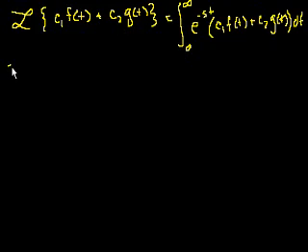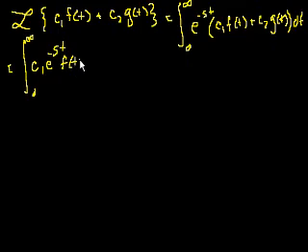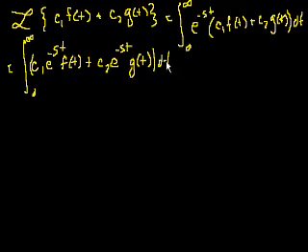And then that is equal to the integral from 0 to infinity. Let's just distribute the e to the minus st. That is equal to c1 e to the minus st f of t plus c2 e to the minus st g of t, and all of that times dt.